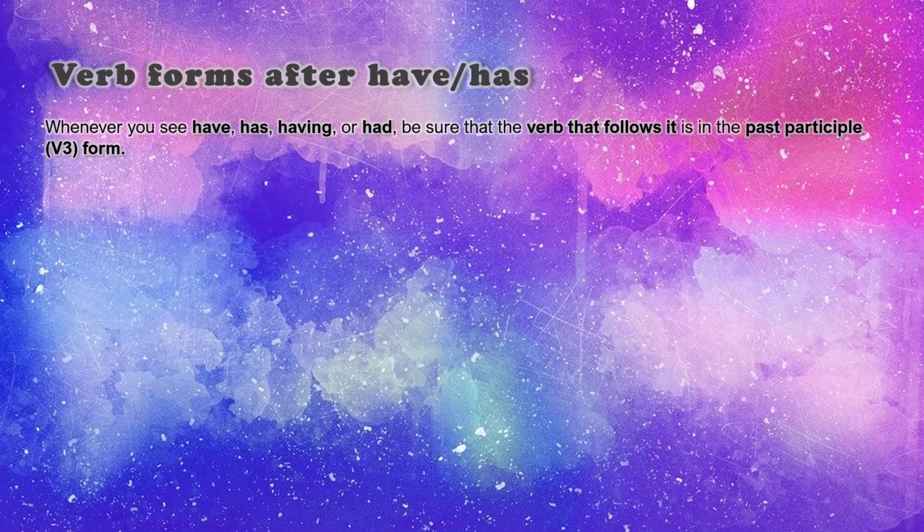Okay, look, if have or has comes before the verb, in any of its forms, like have, has, having, or had, you have to be sure that the verb that follows it is in the past participle or verb 3.